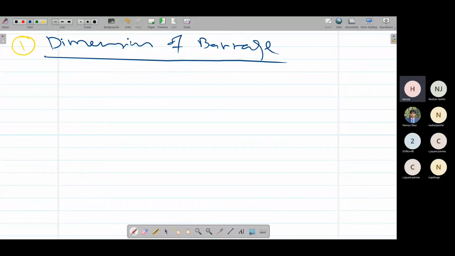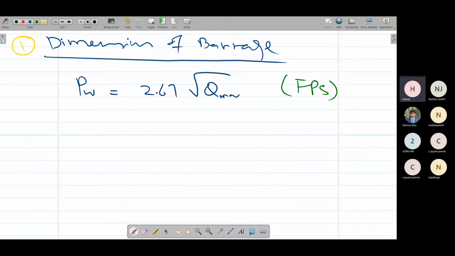So for that, we are given a simple formula, that is P_w is equal to 2.67 under root Q max, and this is for FPS units. So this is Lacey's formula for wetted perimeter, that is 2.67 under root Q max.